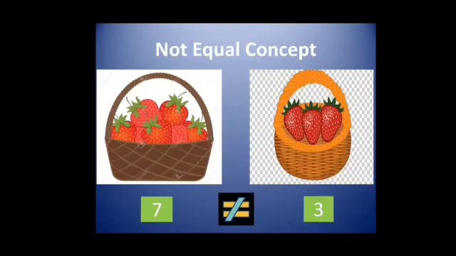The same way, when we compare two baskets, one basket has more and another basket has less strawberries, which means 7 and 3 is not equal. This is the symbol for not equal. How to represent the not equal symbol, kids? A slanting line over the equal symbol represents not equal. Children, I guess now you can understand equal and not equal concepts.